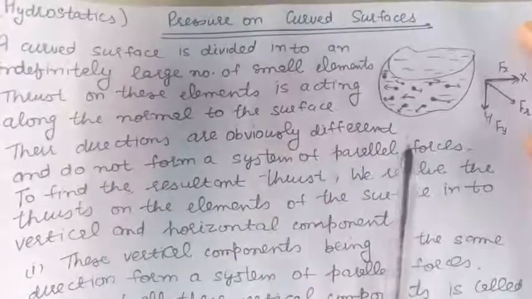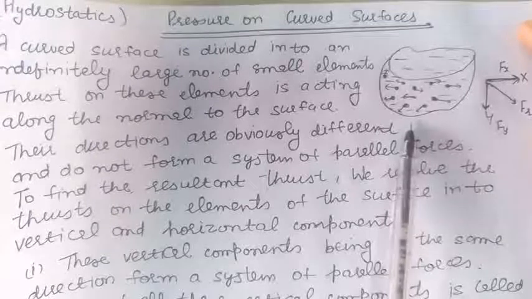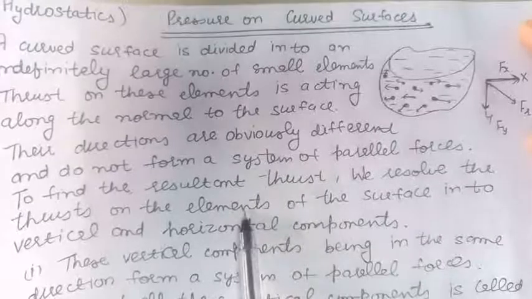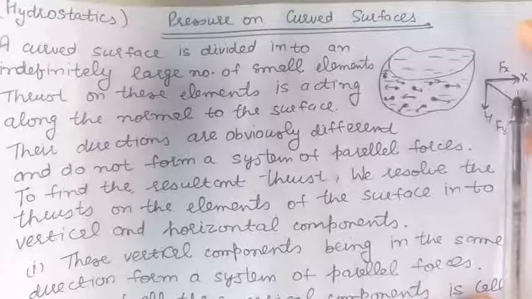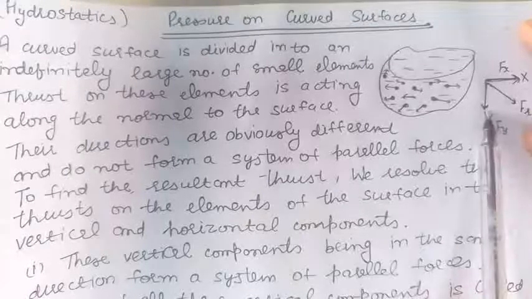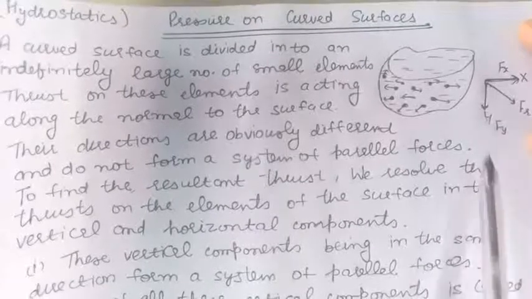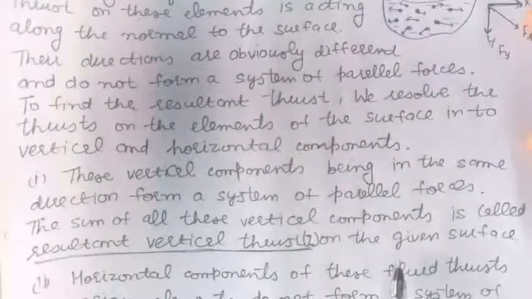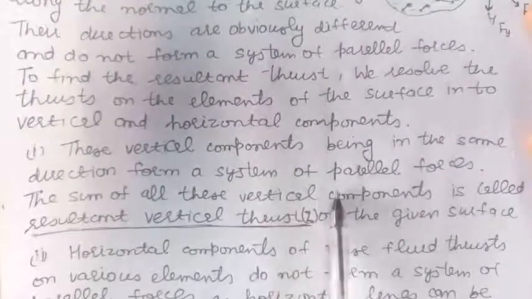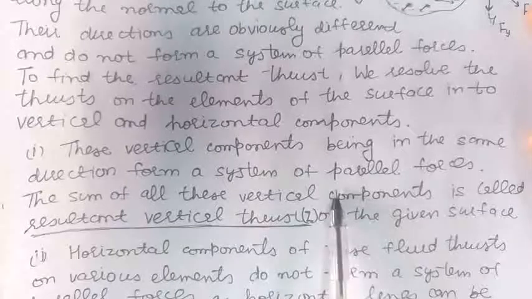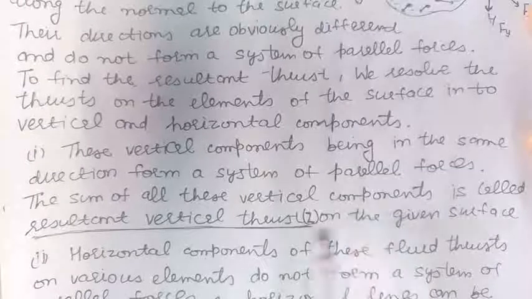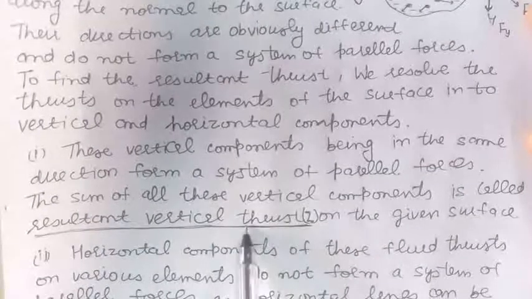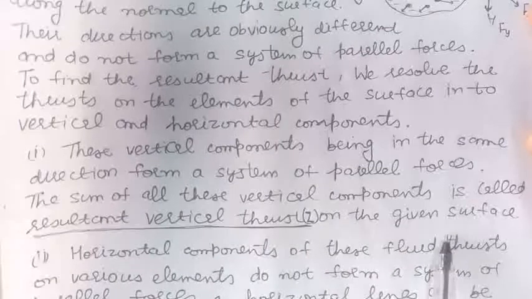So, to find the resultant thrust on this curved surface, we resolve the thrusts on the elements of the surface into vertical and horizontal components. The vertical components being in the same direction, they form a system of parallel forces, and the sum of all these vertical components gives us the resultant vertical thrust on the given surface.